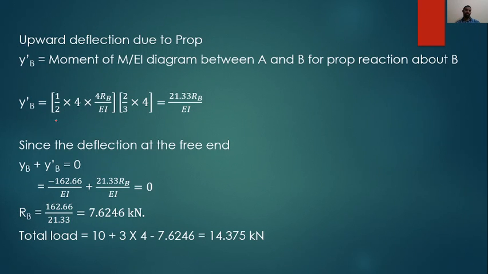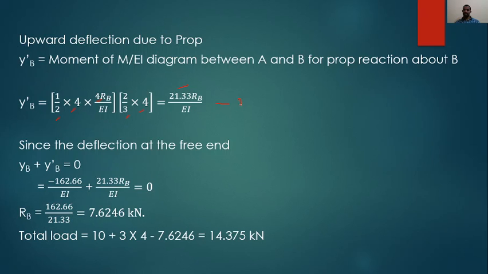Now we can see half into 4 into 4 RB by EI. You can also replace this RB with P if you want, and then multiply by 2/3 of the span, that is 4. And when you simplify it is 21.3 times RB by EI.